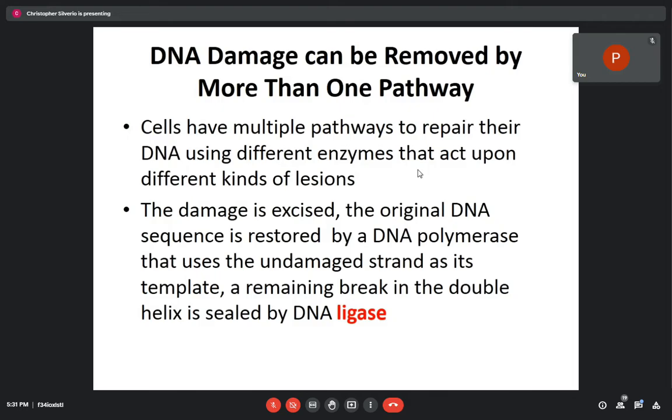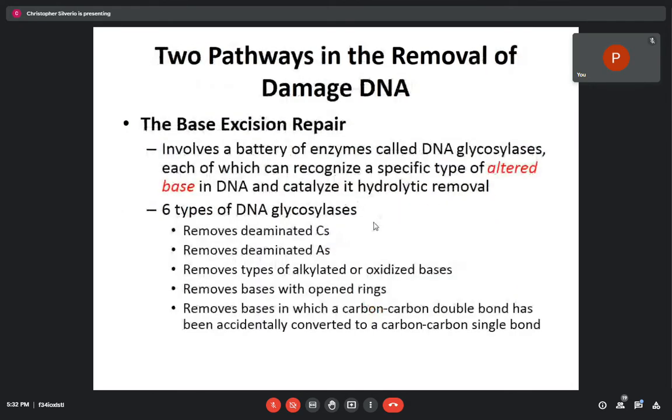The damage is excised, the damaged DNA is removed, and the original DNA sequence is restored by a DNA polymerase that uses the undamaged strand as its template. And then the remaining break or nick in the double helix is sealed by DNA ligase. And how does it happen? So this is the base excision repair.